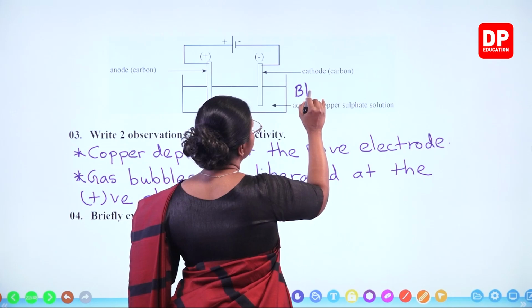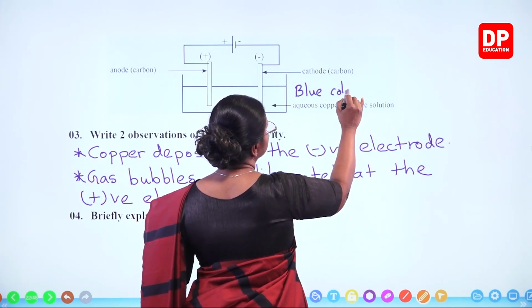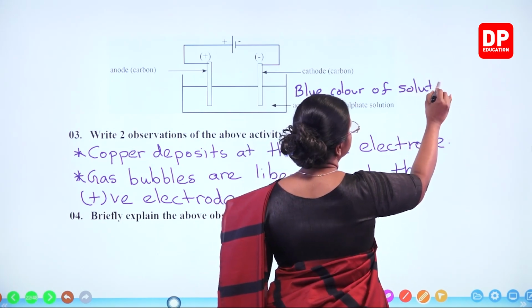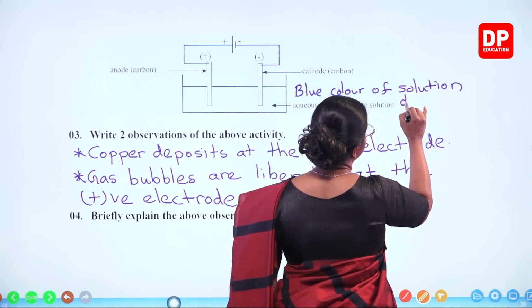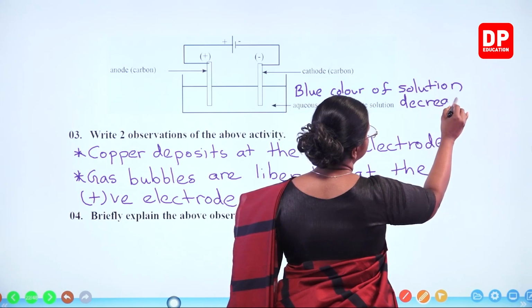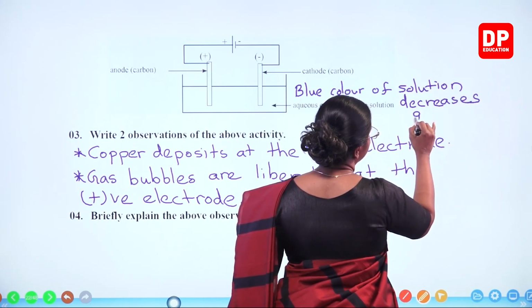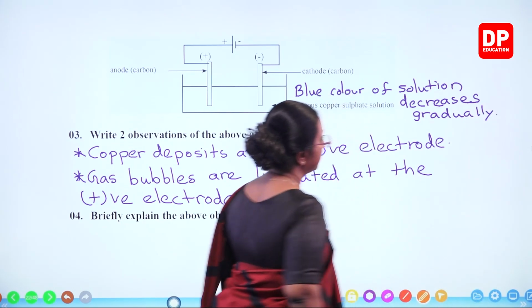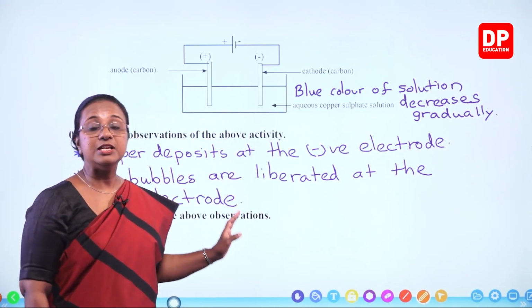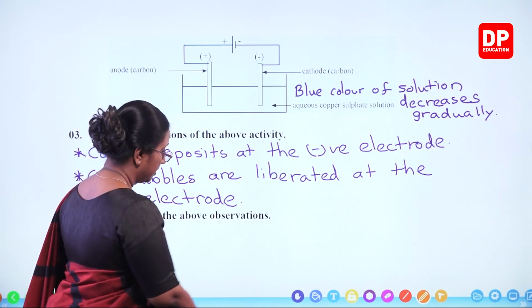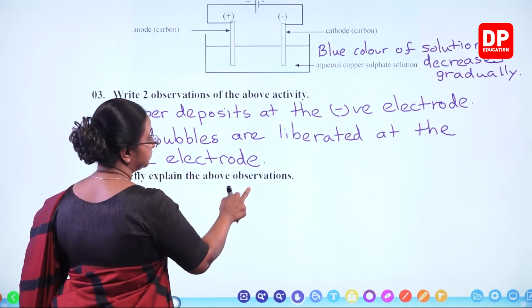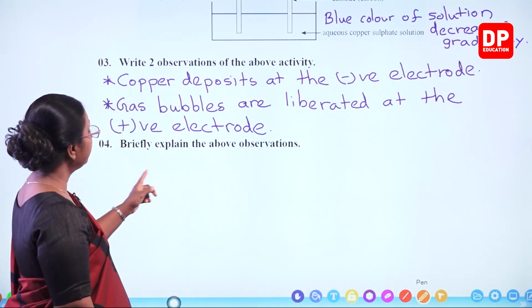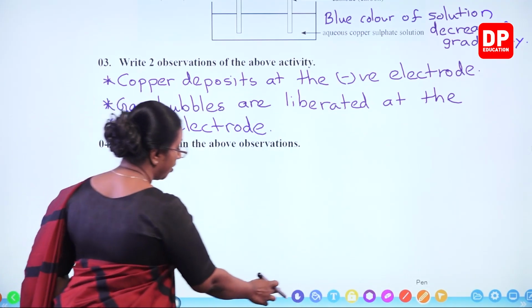So blue color of solution decreases gradually. That is also an observation. So you can write any two of the observations. Then, the next question.